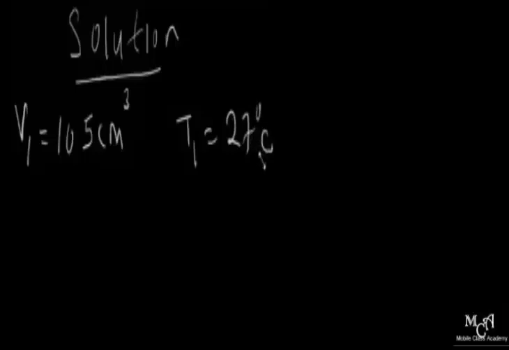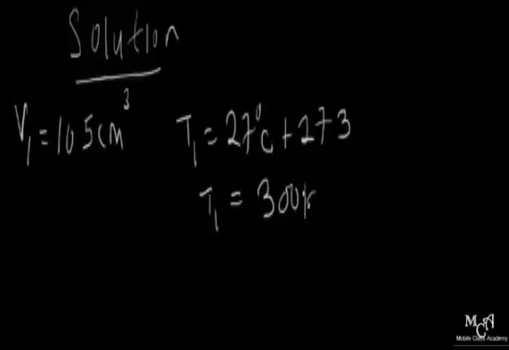You must convert your degrees Celsius to Kelvin. How do you do that? You add 273 to it. So T1 is equal to 27 degrees Celsius plus 273, which gives us 300 Kelvin. Under a pressure of 985 millimeter mercury, that's the P1.